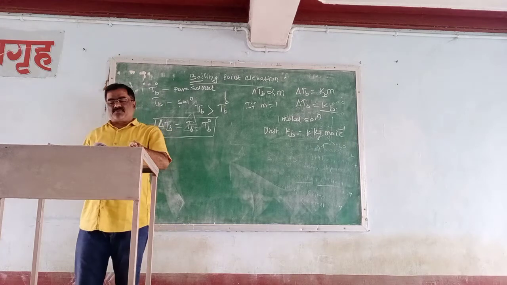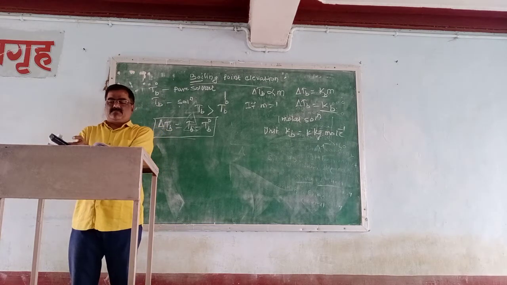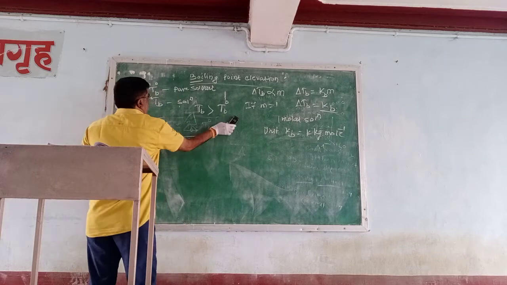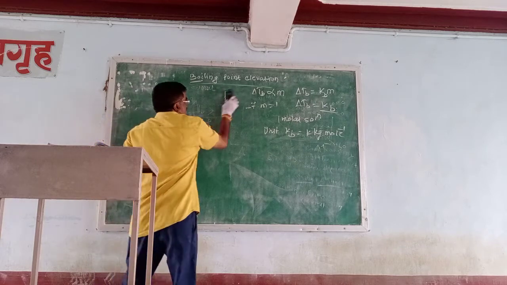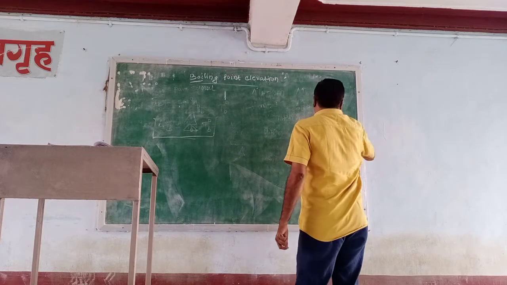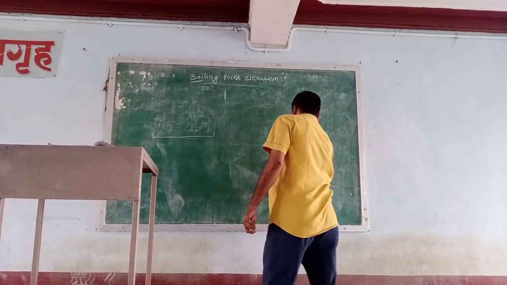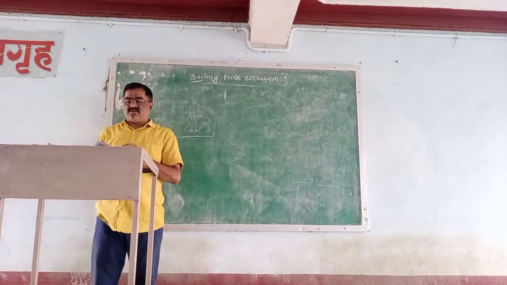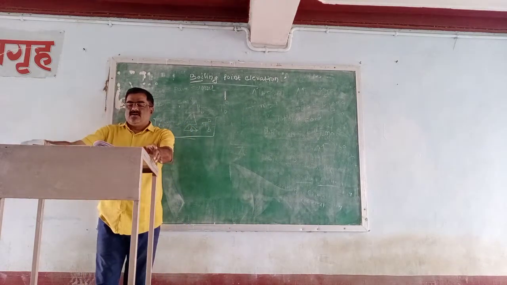Then the molar mass of the solute, from the boiling point elevation, we can calculate the molar mass. How can we calculate the molar mass from this? We'll see that.